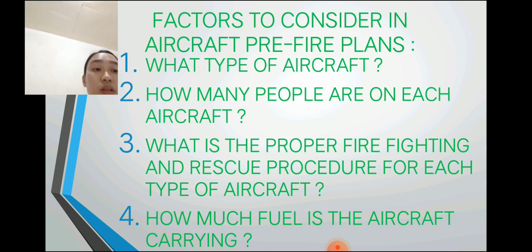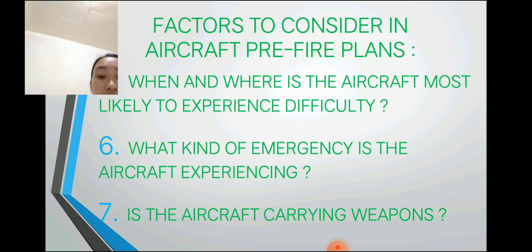How much fuel is the aircraft carrying? This type of information can save lives and properties, a huge sum of money. Where is the aircraft most likely to experience difficulty? Each member of the responding crew knows the weaknesses of each aircraft and anticipates the most likely time and place of emergency.